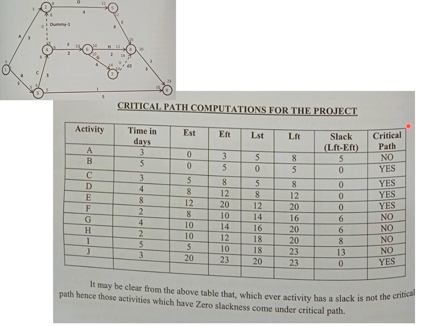So your critical path starts with B. You have activities B, C, D, E and J. Follow the laser pointer: B, C, D, E and J. That is the critical path.